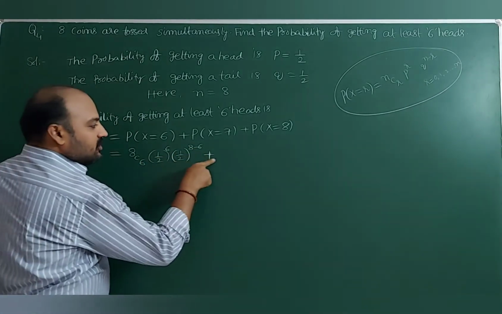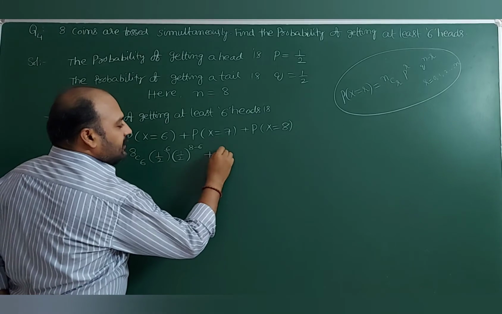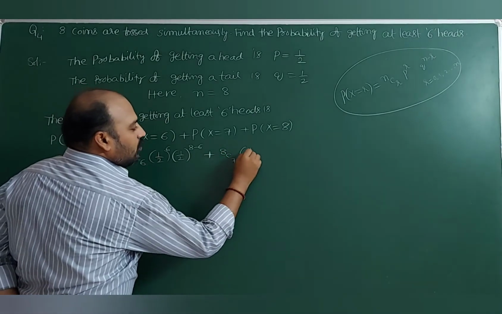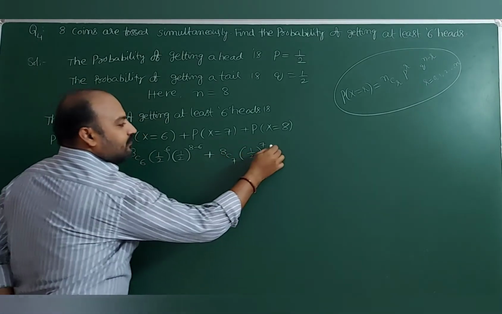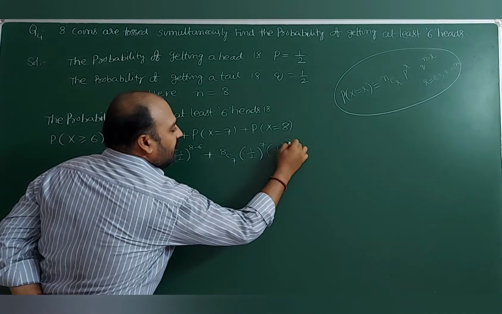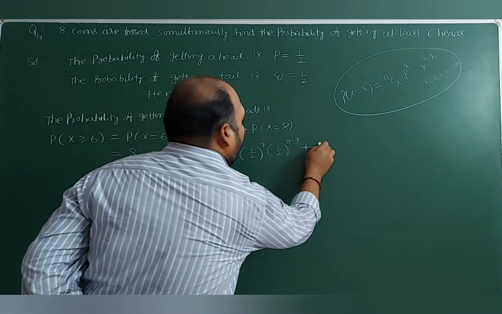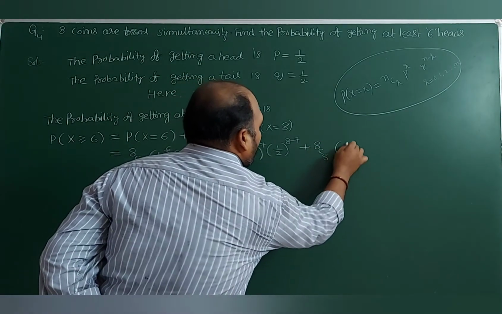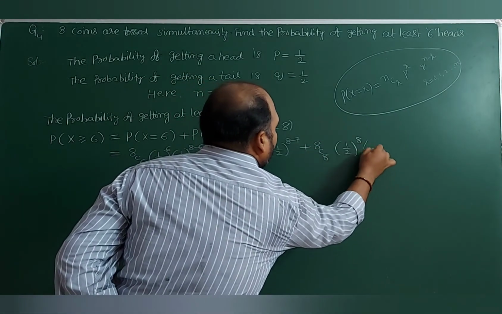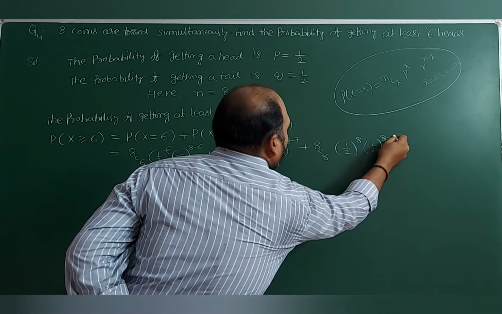First one is over. Come to the second one: 8C7 (1/2) power 7, (1/2) power 8 minus 7, plus 8C8 (1/2) power 8, (1/2) power 8 minus 8.